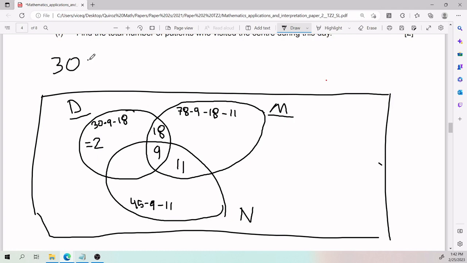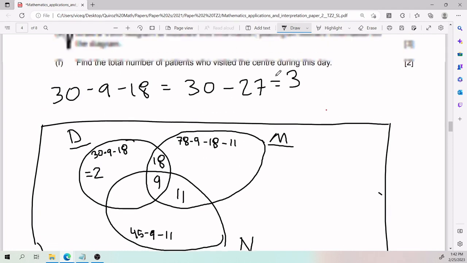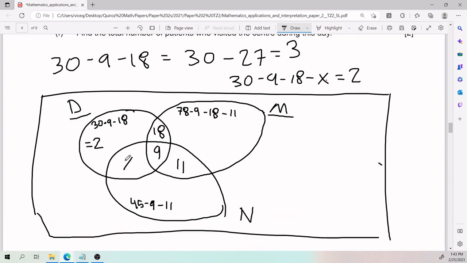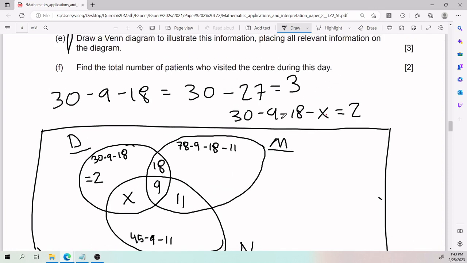Let's find out. So 30 minus 9 minus 18 is the same as writing 30 minus 27 equals 3. So if I'm missing 1 to reach that 2, I can also just say that it's 30 minus 9 minus 18 minus something has to give me 2. What is that something? It is this guy here. That guy there has to be equal to 1.